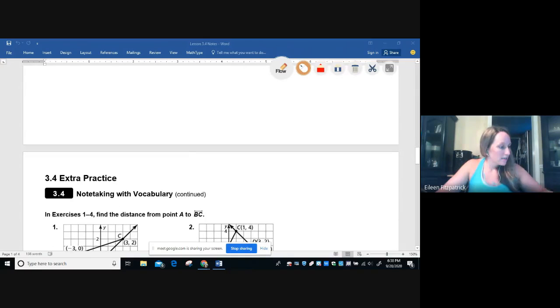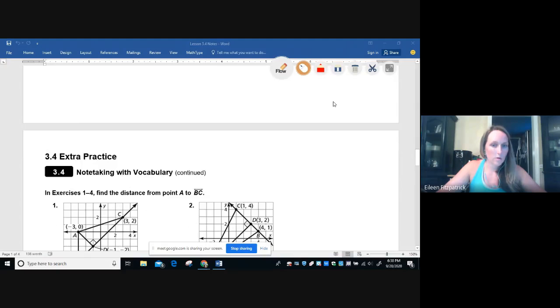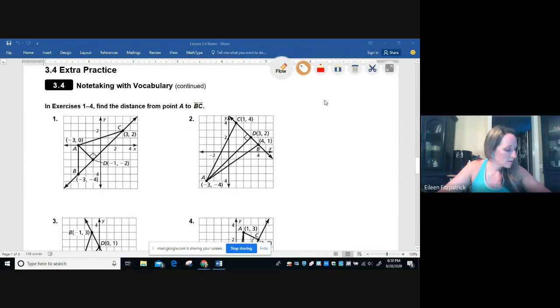All right, we are going to look at one problem here. Let's look at problem number 2. It says, find the distance from point A to BC. And there's 3 different segments to look at. We have AC, AD, and AB. So think about what we talked about earlier with the vocabulary, the second term we talked about, which was distance to a line from a point, right?